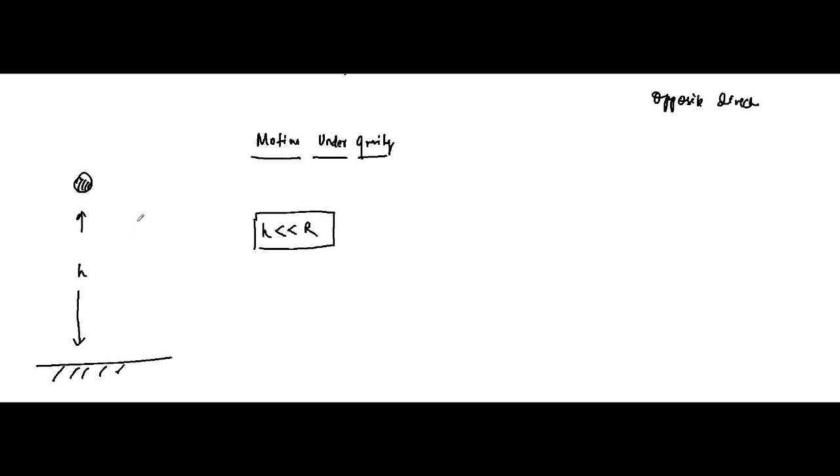In that case, the object falls freely along a vertical path with constant acceleration. Okay, and that value of acceleration is called acceleration due to gravity, and that value is equal to 9.8 meter per second square. So here one important thing is that air resistance is neglected.